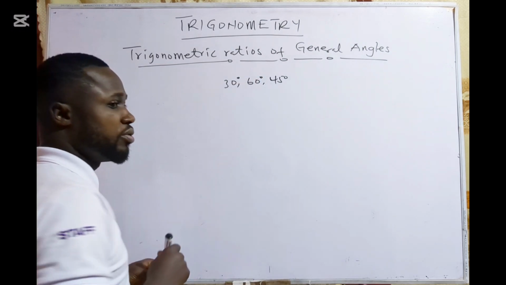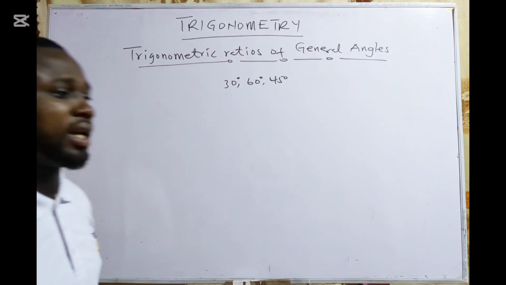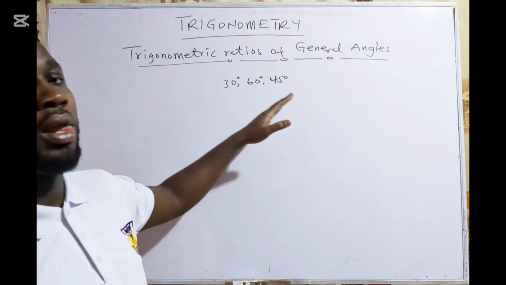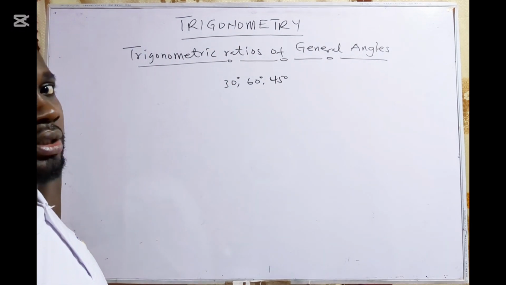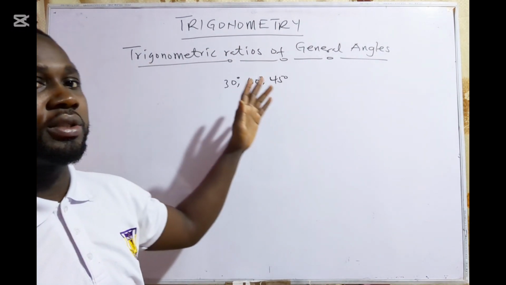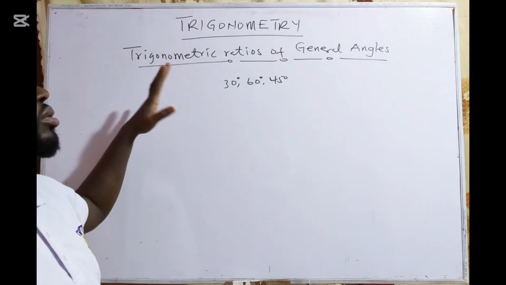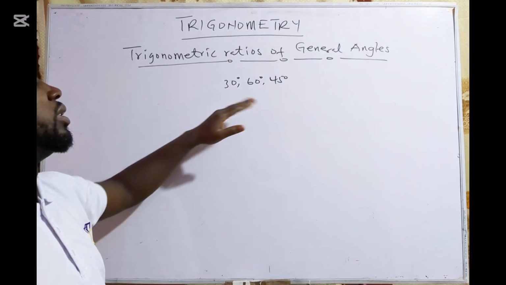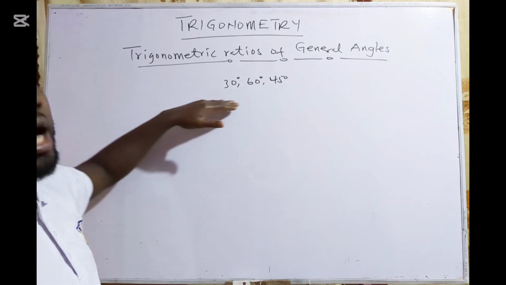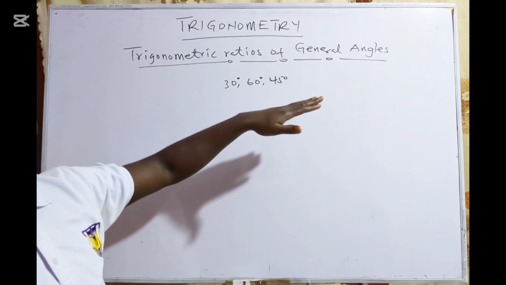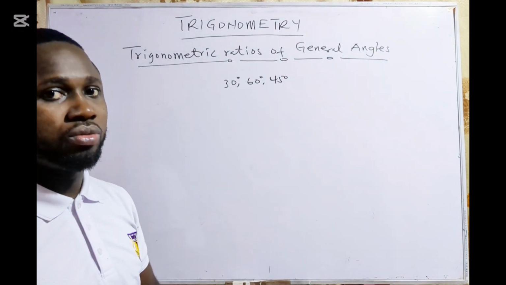Okay, so we are also going to look at how we can get these angles in the other quadrant. Alright, so that when you are asked to solve a question without using a calculator, you'll be able to write the value of the angle in these special angles, that is the 30, the 60 and the 45, and then you can be able to solve.